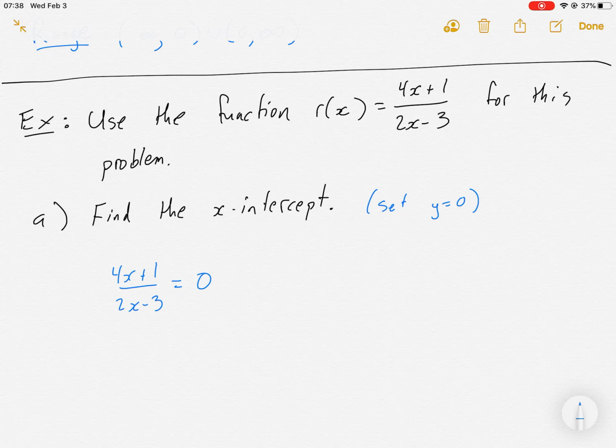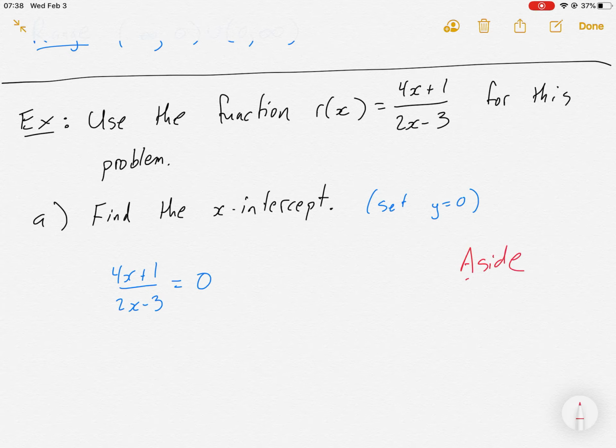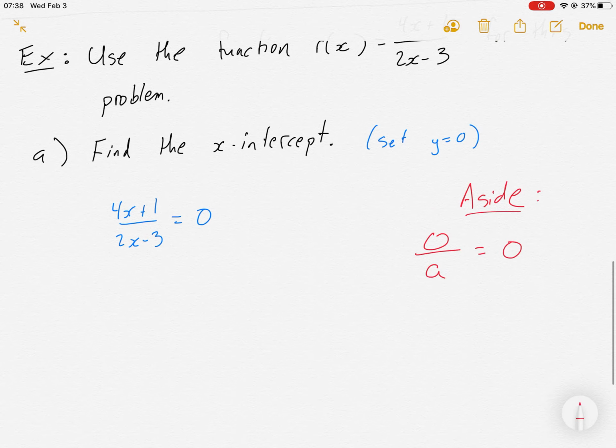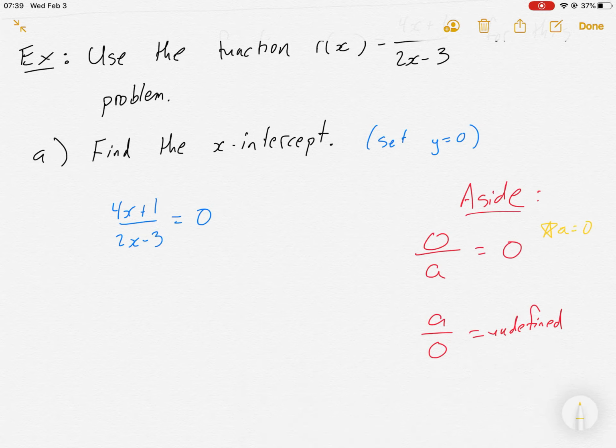Now, in order for a fraction to be 0, we really don't care about the denominator. So just as a quick reminder, 0 over anything equals 0, but anything over 0 is undefined. It's illegal to have nothing on the bottom. With this first part here, I just want to mention if a is 0, then it's undefined as well.